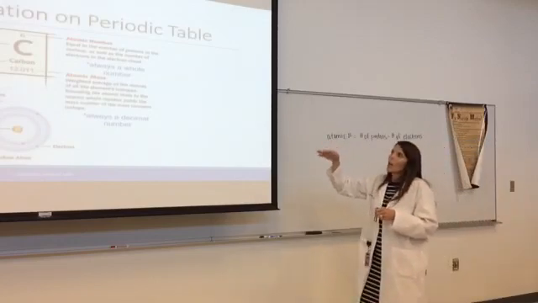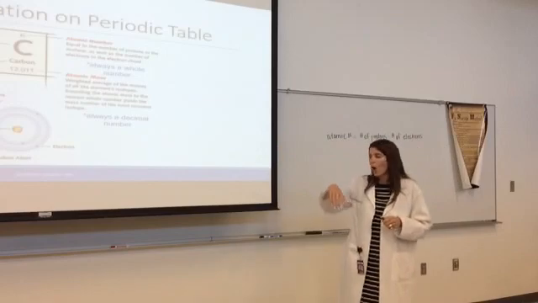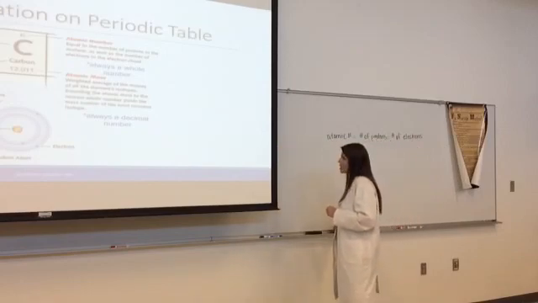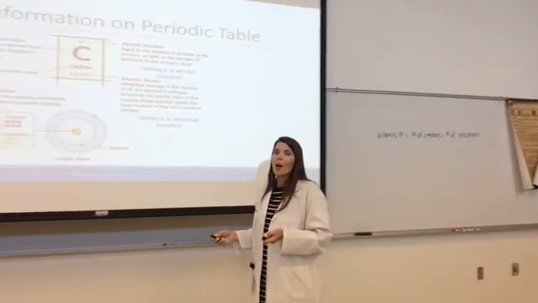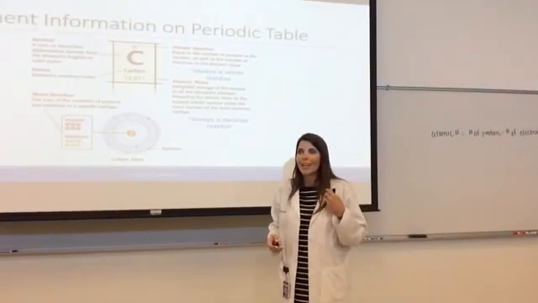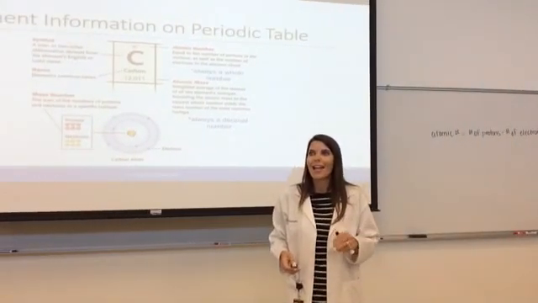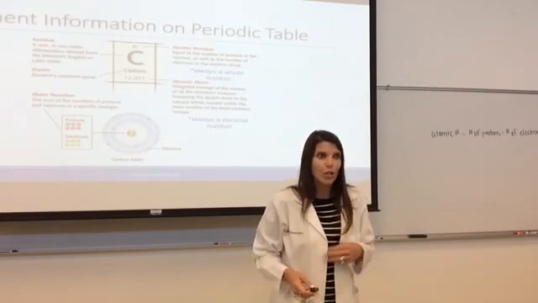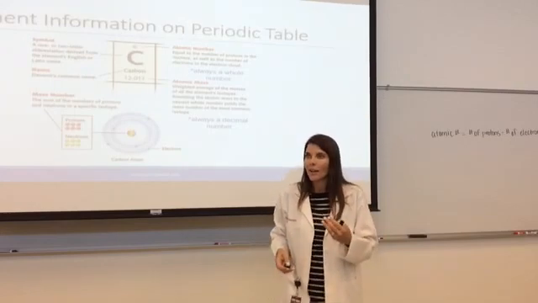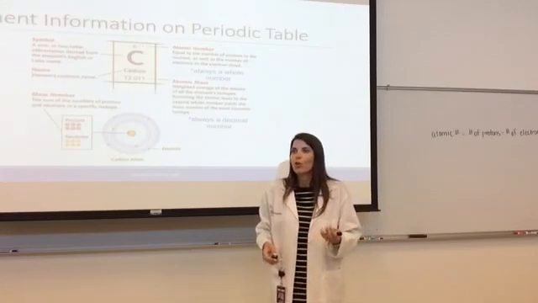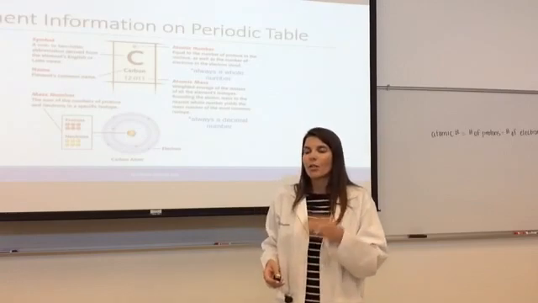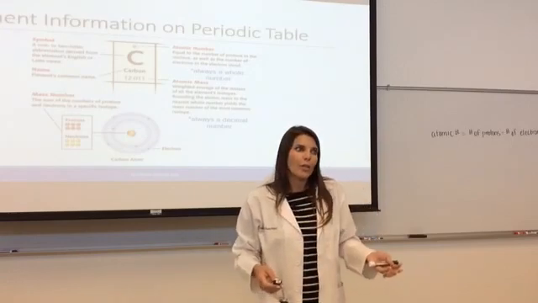Right beneath the atomic number is a letter. We call that the element symbol. The element symbol is based on what that element is referred to in a Latin language because Latin is universal. It just so happens that carbon in English and in its Latin version starts with a C. Do all elements' symbols start with the first letters?